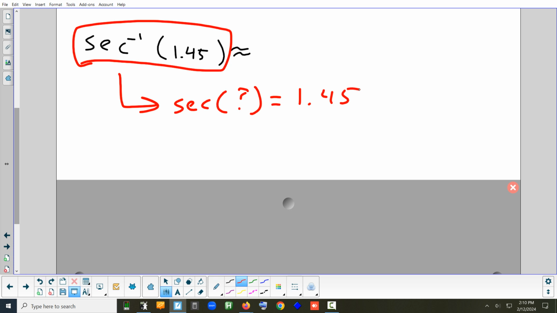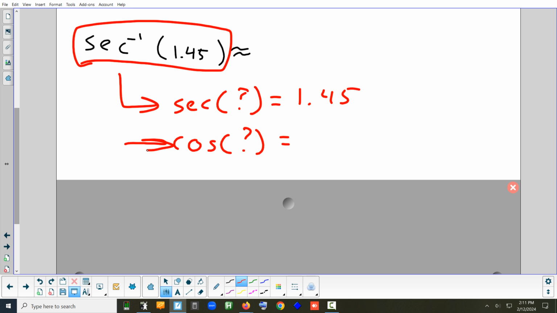Now, there's a function that's connected to secant. And we talked about this, I think, when we did the unit circle. Does anybody remember what function is connected with it? Yes. Asking what angle gives you a secant of 1.45 is exactly the same as asking a different question.